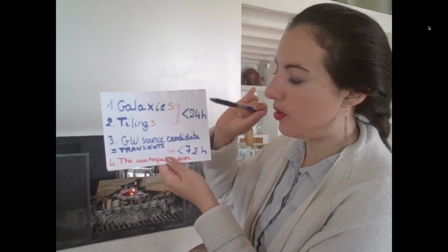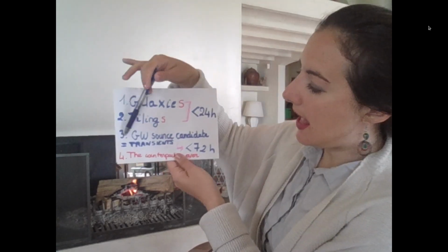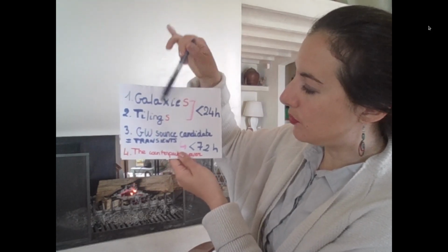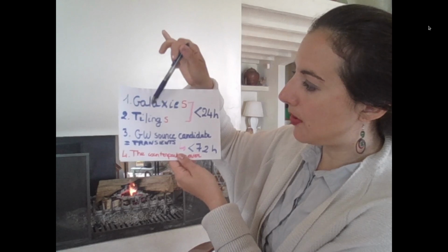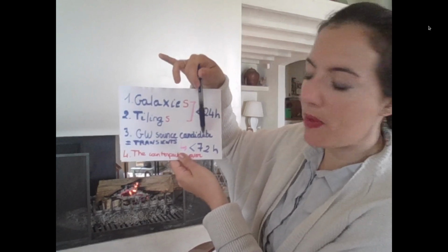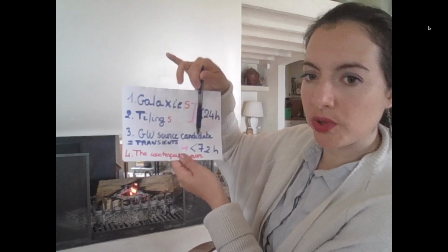I will show you how to do that in a minute. And after, if you cannot observe promptly, you wait for a message from the FA or by email to observe some GW source candidate. When the FA says stop, you need to stop everything, etc.